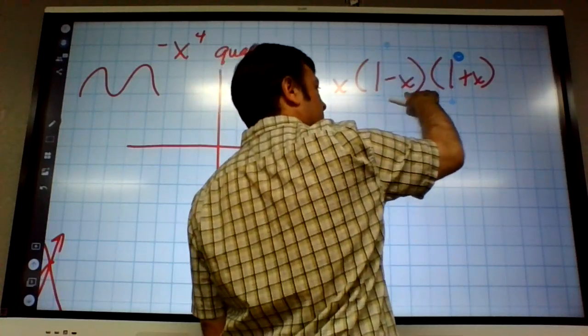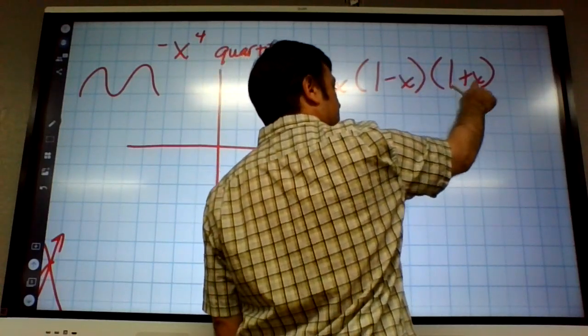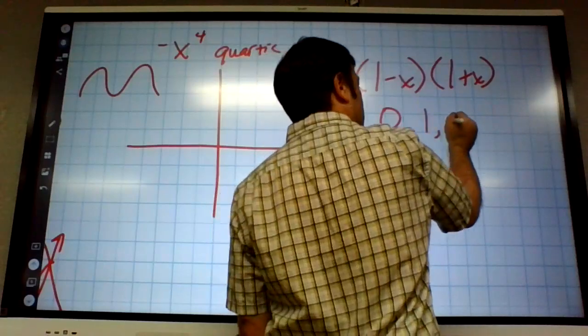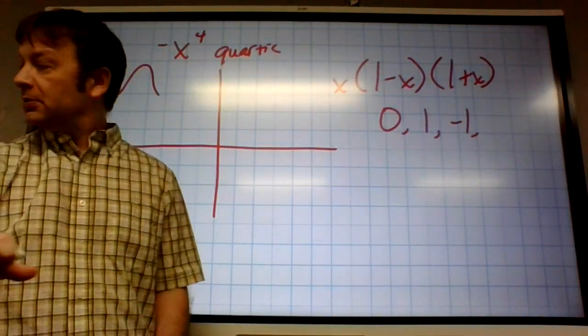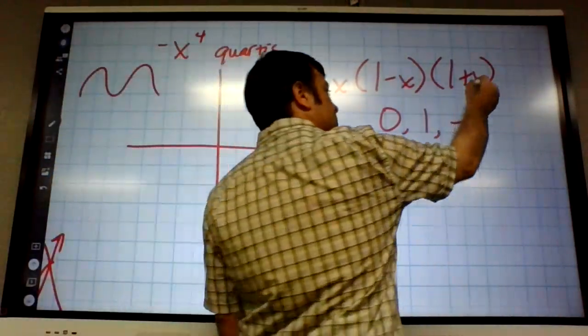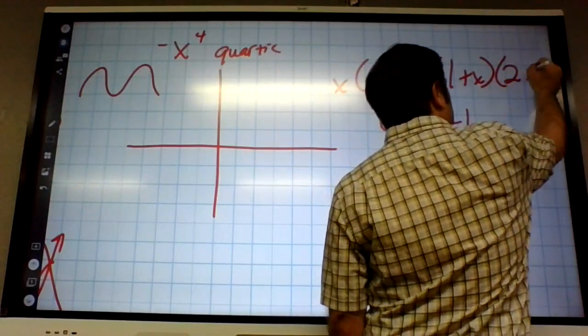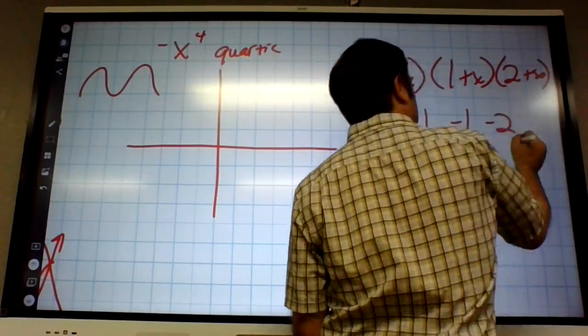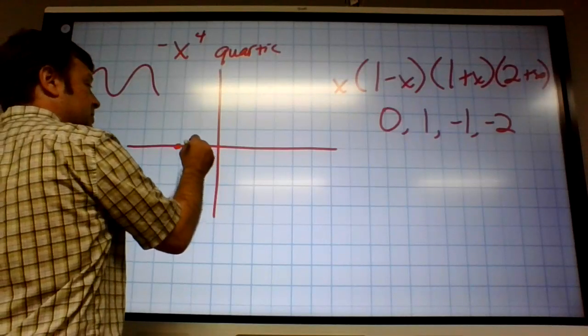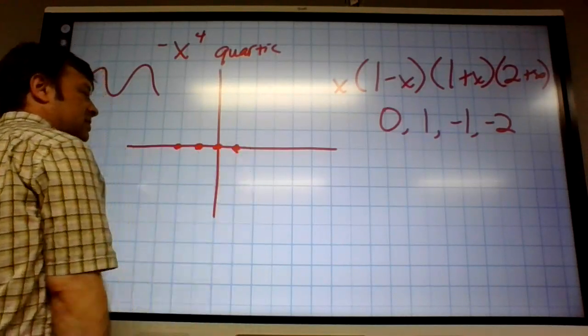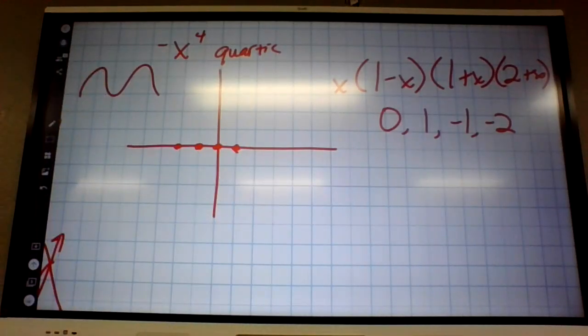Which would make everything 0, and negative 1. So 0, 1, negative 1. Not a double root. What was the last one? Negative 2. Alright. So negative 2, negative 1, 0. So no double roots.